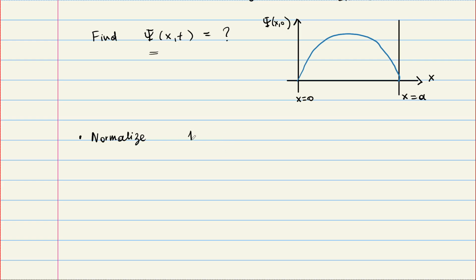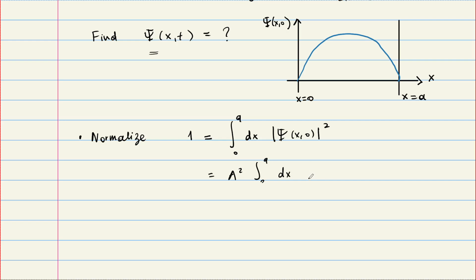So we want the total probability to be 1, and we need to integrate from 0 to a of dx A squared. Let me write it in 2 steps: psi of x comma 0 squared, and this is A squared integrated from 0 to a dx.